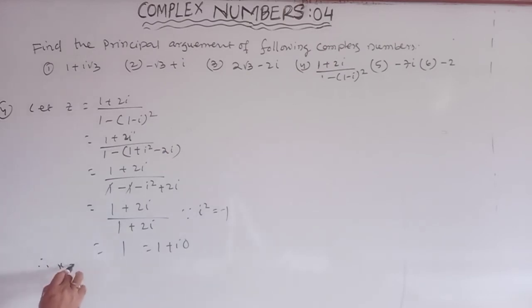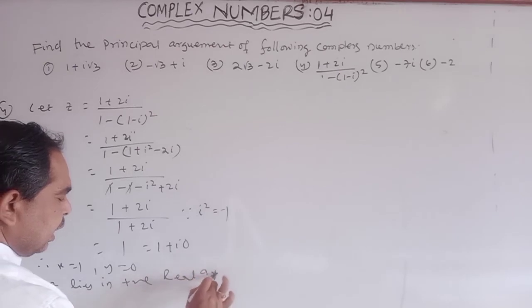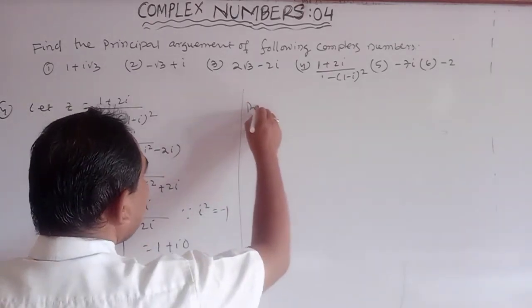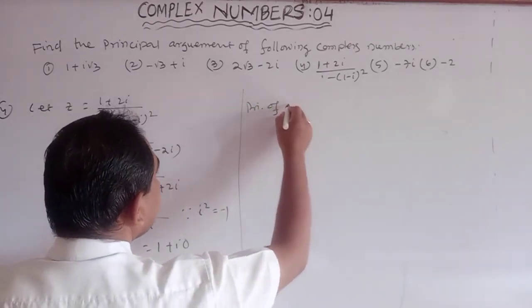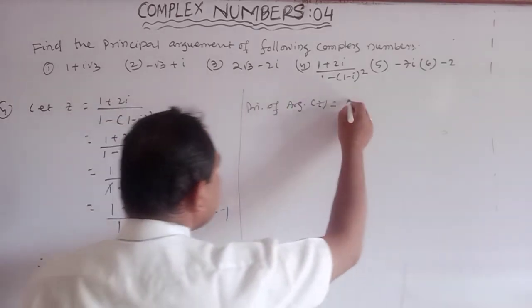Therefore x is equal to 1, y is equal to 0, which means z lies on the positive real axis. Therefore principal argument of z is equal to 0 degree.